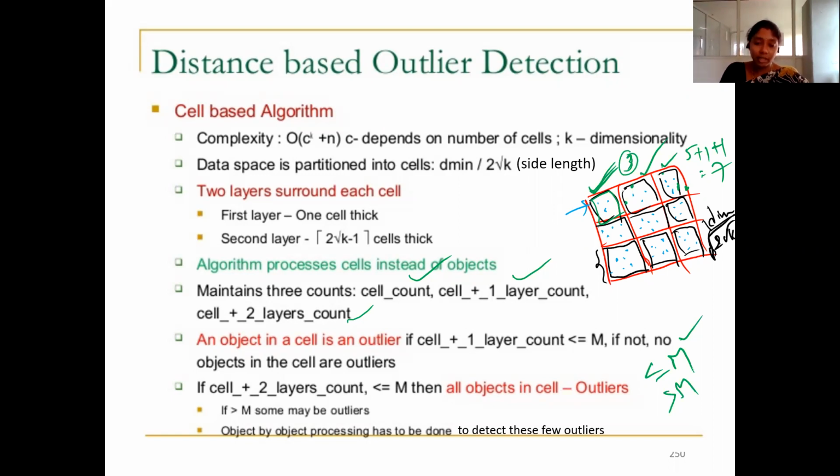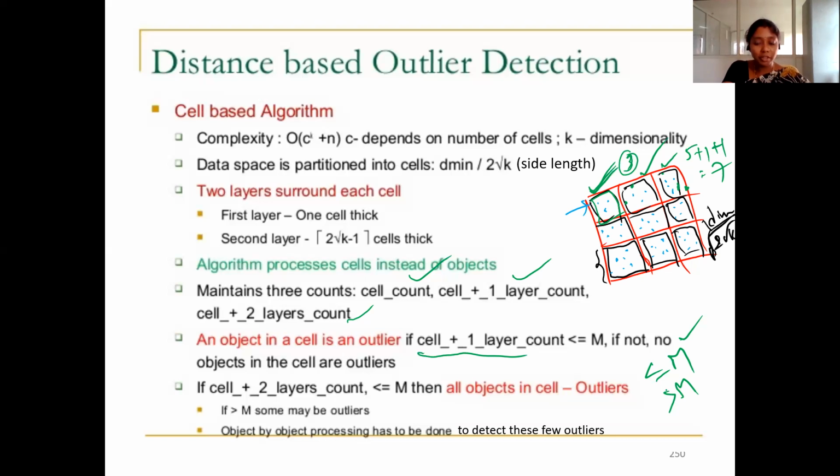And coming to the second condition, here the cell plus 2 layer count. Previously we considered the cell plus 1 layer count, this time the cell plus 2 layer count. If it is less than or equal to m, then all objects in the cell are outliers.